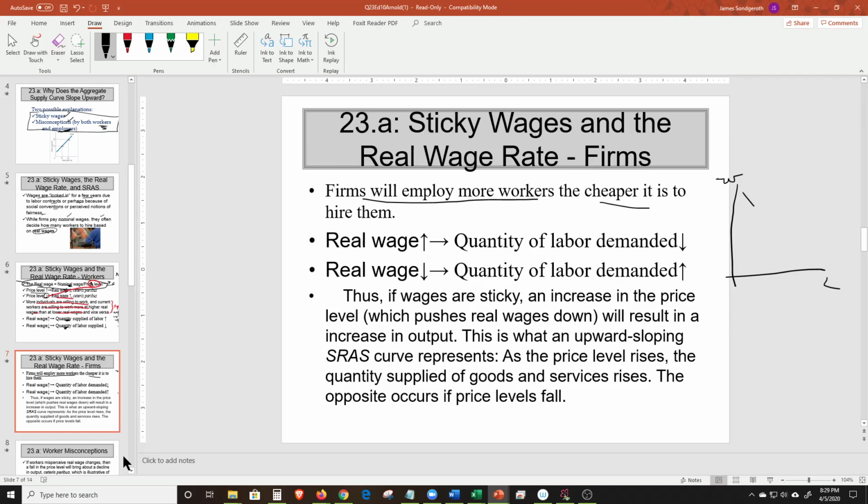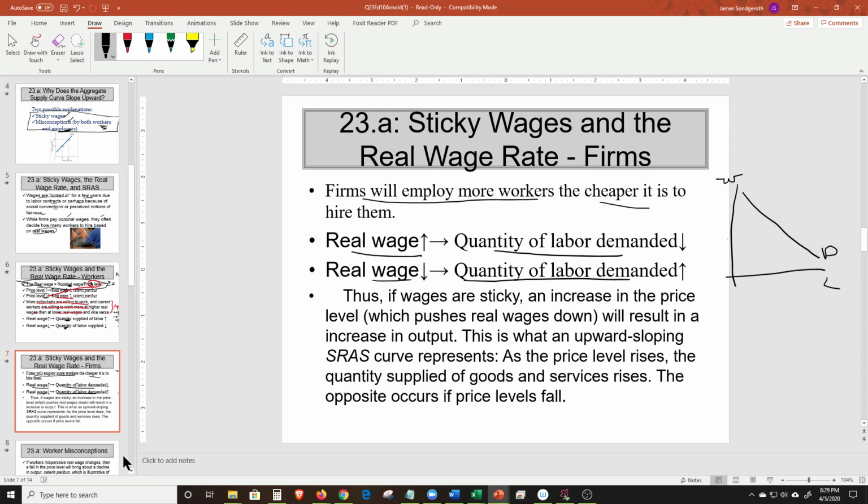And basically, the employer's demand curve slopes downward and to the right, right? And so basically what they're saying, if the real wage goes up, they'll hire less. And if the real wage goes down, they'll hire more. And this is a movement along too, right?